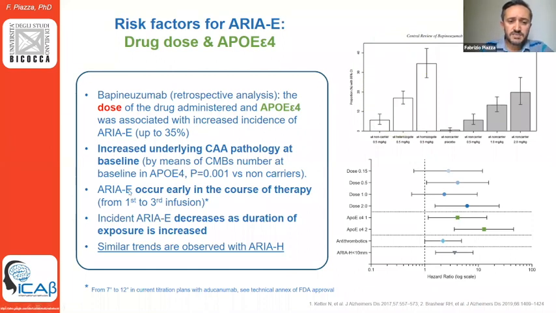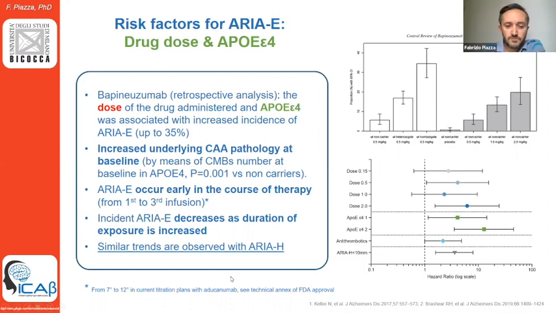The occurrence of ARIA-E has also been demonstrated to occur mainly between the first and the third infusion in the first clinical trial, even if today, with the titration plan, so with the administration of increasing doses of the drug in the clinical trial to try to reduce these adverse events, the incidence has been shifted in time.